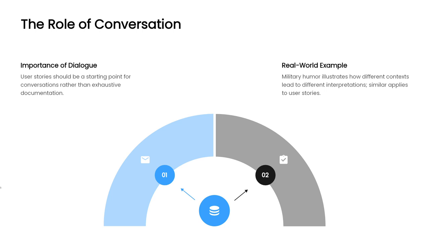The Marines assault the building, destroying half of it, and the Air Force takes out a 3-year lease with the option to buy. This perfectly demonstrates why conversation is so important. The same word can mean very different things to different people. Your stories should facilitate this important clarifying discussion.